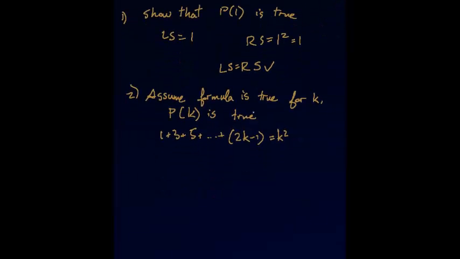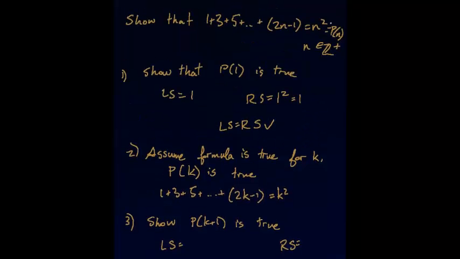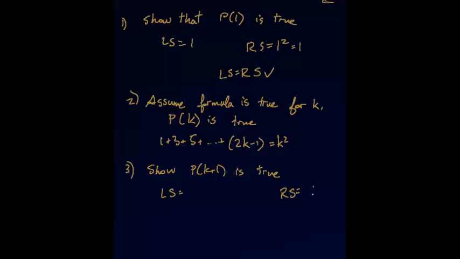We assume that this formula is true for Pk. And now let's show that with our assumption, Pk plus 1 is true. To do this, we have a left side and a right side. The right side would just be k plus 1 squared.